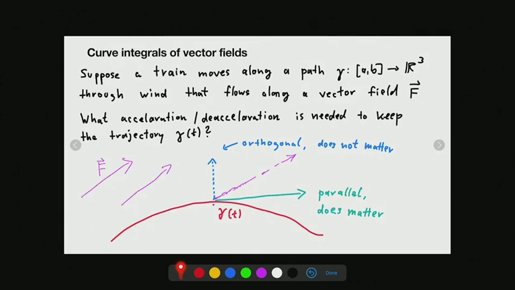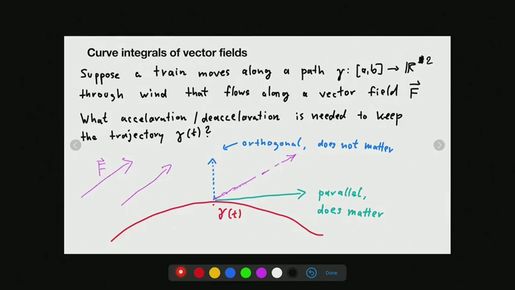Suppose that we have got a train, and the train moves along a path gamma. It's defined over an interval from a to b, and let's say it's not R to the v, it should be R to the 2, of course. You've got this train moving, but it's very stormy weather, so there's some wind blowing, and of course the wind exerts some force onto you.